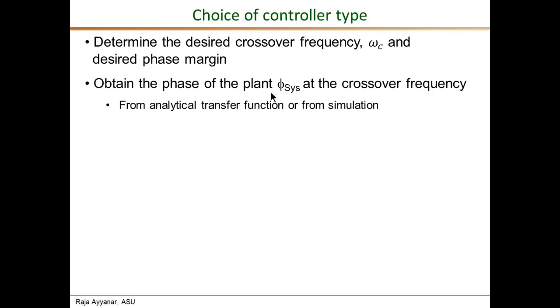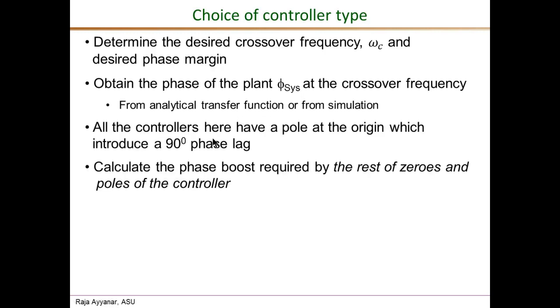If we know the analytical transfer function, for example, for a buck output voltage control, it is the D2VO transfer function, then you can calculate the phase angle of this transfer function at the desired crossover frequency. If you don't have the transfer function, then we can use simulation and look at the phase exactly at this omega c.